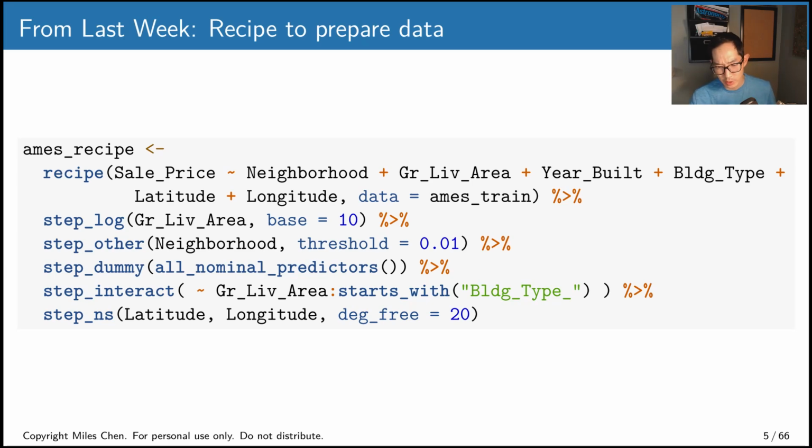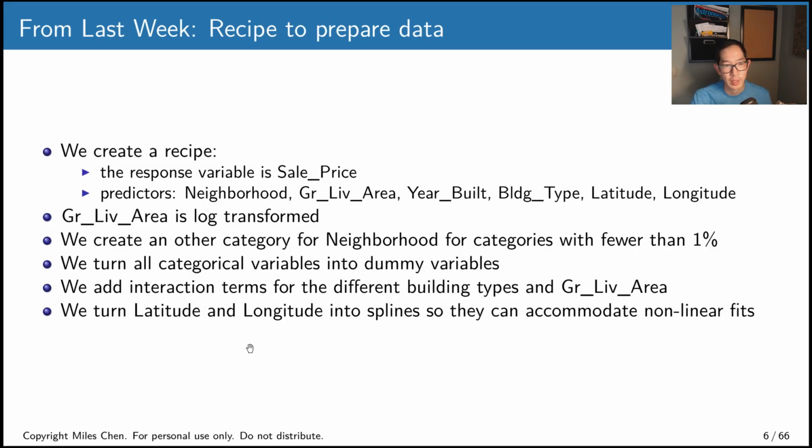And what we saw last week during the creation of our recipe, just eyeballing it, we chose to use 20 degrees of freedom for defining the natural spline of latitude and longitude. Okay, and so this is just the list of what we've done in that recipe.